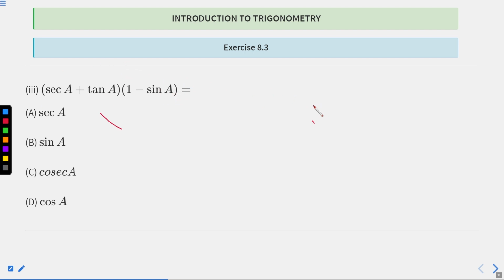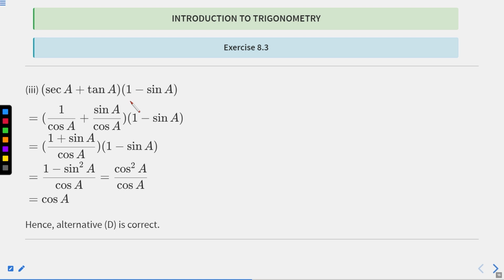So let us see how to solve it. Here we have (sec a + tan a) into (1 − sin a). We know sec a is equal to 1 by cos a, and tan a is equal to sin a by cos a.